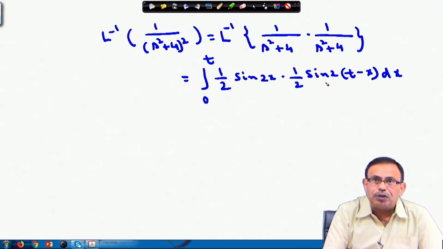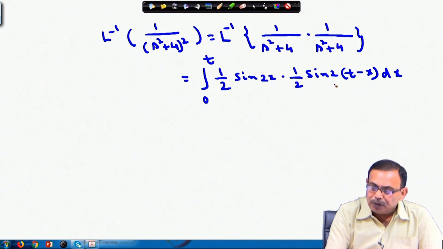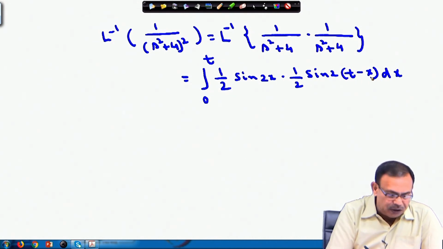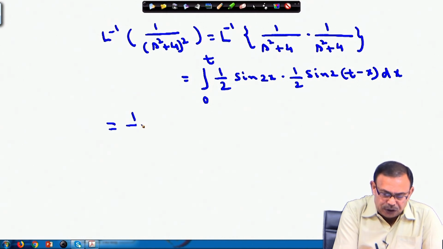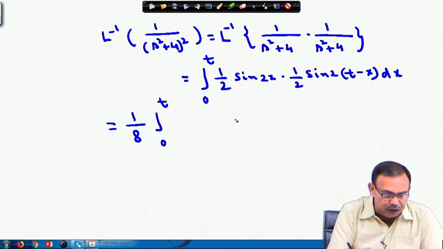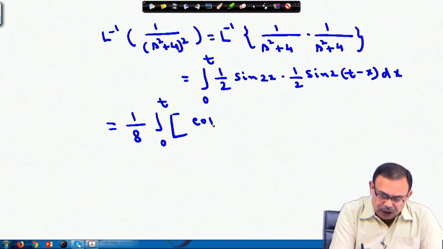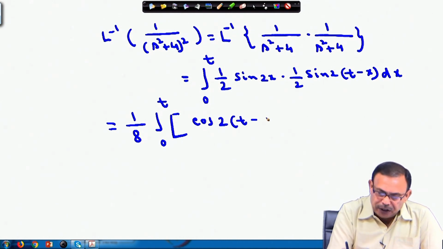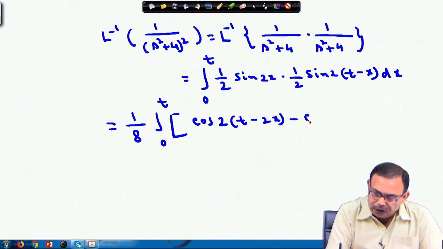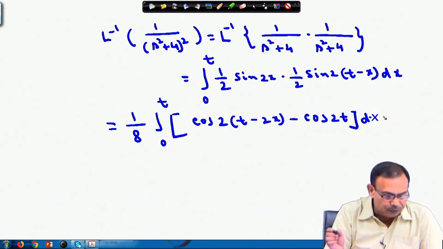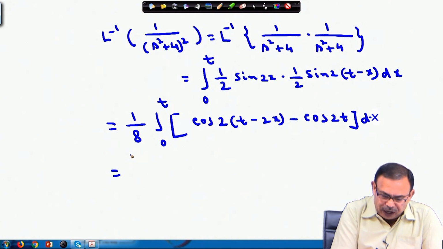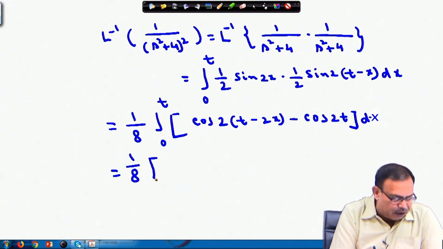So, using the convolution definition I am writing it as integral from 0 to t of half sin 2x into half sin 2 into (t minus x) dx. So, this equals, using the sin a sin b formula, you can write it as the integral from 0 to t of cos 2 into (t minus 2x) minus cos 2t, dx. And I can evaluate the integral easily.